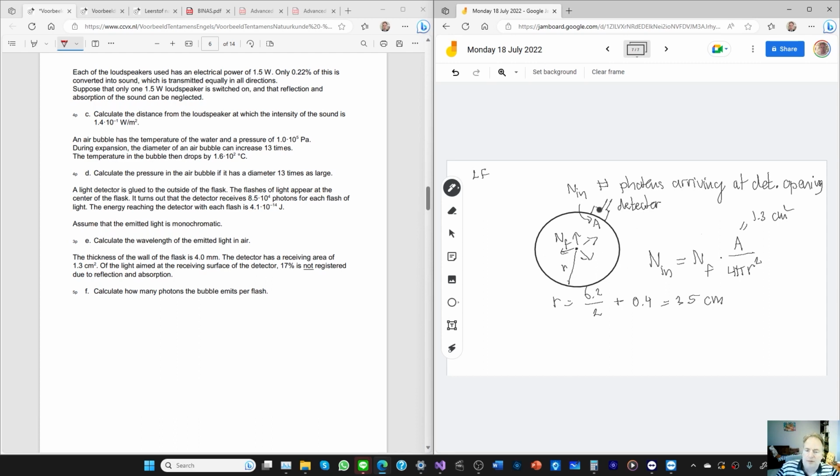Okay, and then what is the number of photons that are actually detected? Let's call that ND. Oh, it's a little bit messy. Say number of photons that actually goes through the receiving surface of the detector.